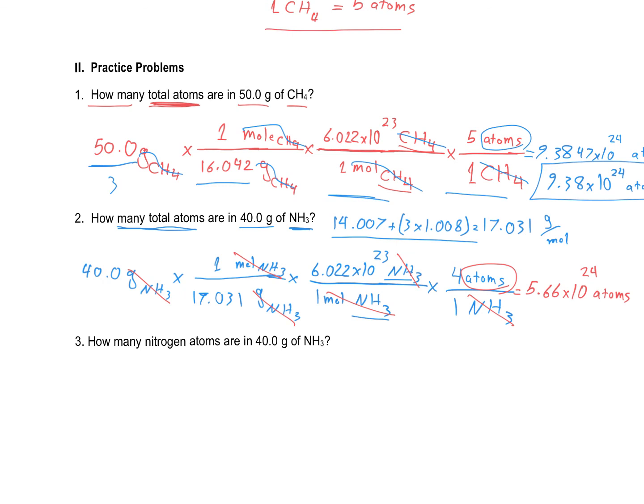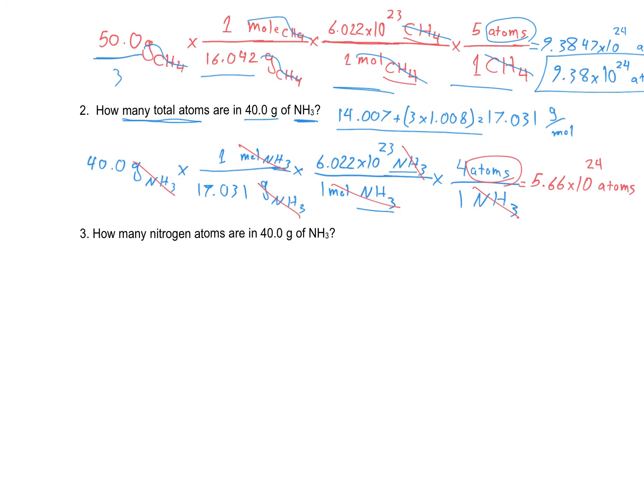Okay, so let's do the final question. So we have 40 grams of NH3. Again, 40 grams of NH3. We go to the mass of NH3. So 17, just like the previous question.